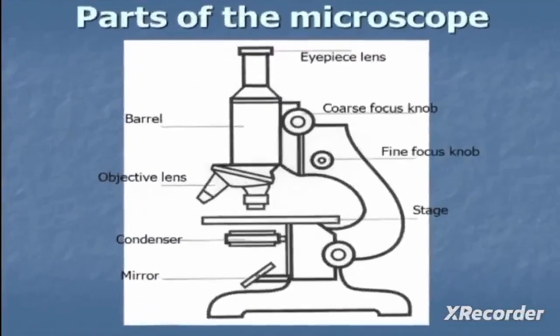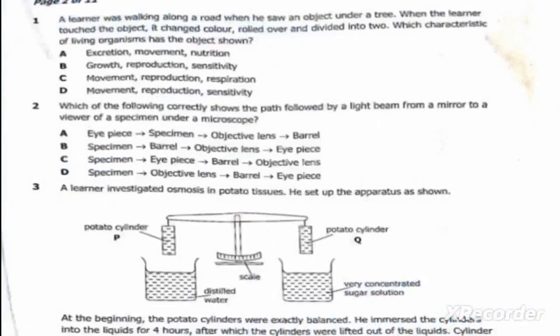You can also consider the microscope given here, where we have labeled the parts. These are some of the parts used by the light. So the correct path: the light will move through specimen, objective lens, barrel, then eyepiece. So therefore, our correct answer is D.